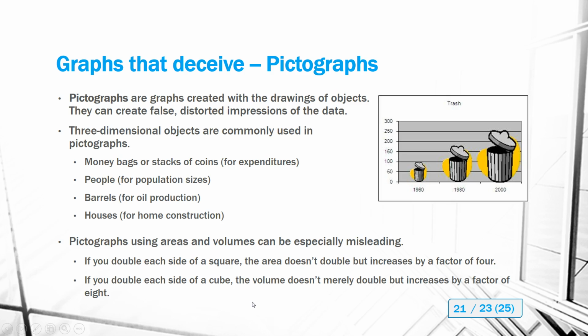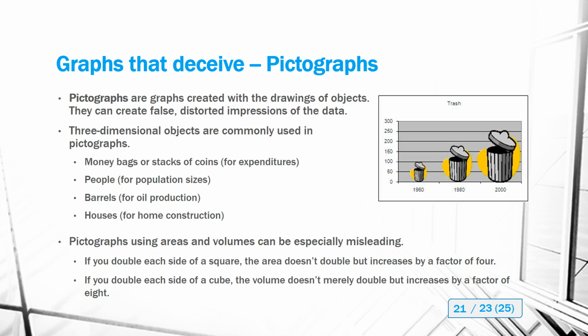Pictographs are also often used to represent data, but they can also create false and distorted impressions of the data if they're not used appropriately. One of the main reasons for this is because pictographs tend to use areas and volumes. It becomes misleading because if you double each side of a square, you don't double the area of the square.